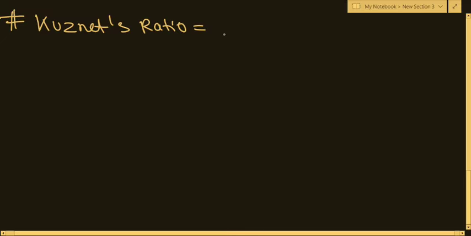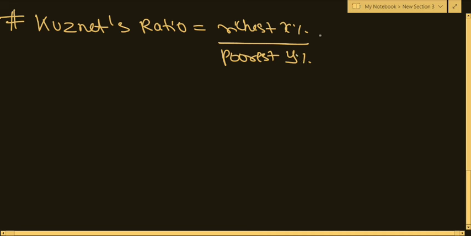This ratio is of the richest X% of the population to the poorest Y% of the population. Now these X and Y can be 10, 20, 40. Like we can compute richest 10% to poorest 20% or poorest 40% or something like that. Not much is fixed about it. So this is our Kuznets ratio.